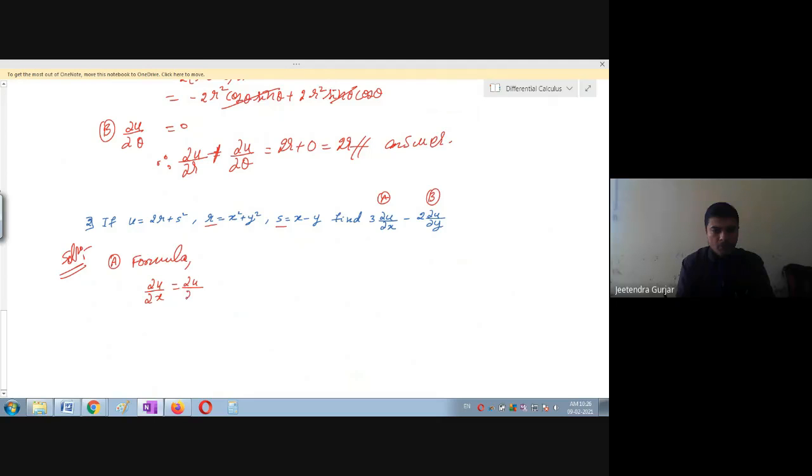Dou u upon dou r into dou r upon dou x. Is it clear? So plus dou u upon dou s into dou s upon dou x. So why I have taken s and r here, because they have clearly mentioned r and s, they have given. So use this formula now.